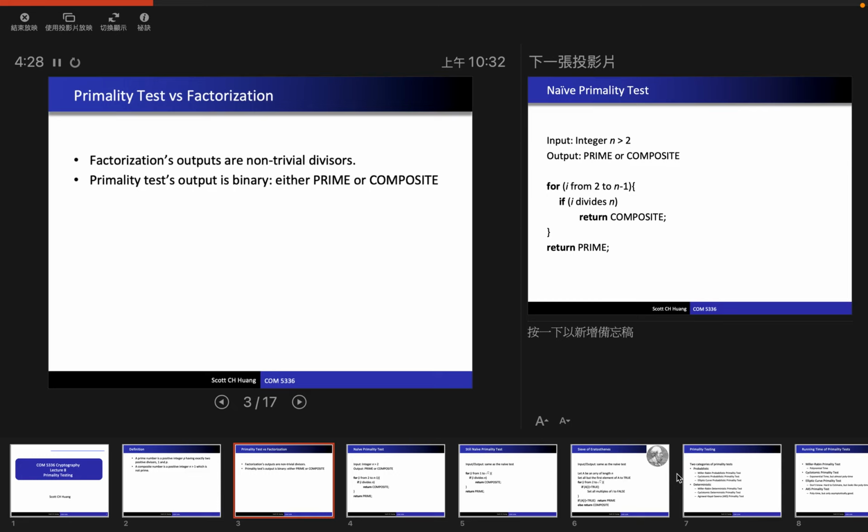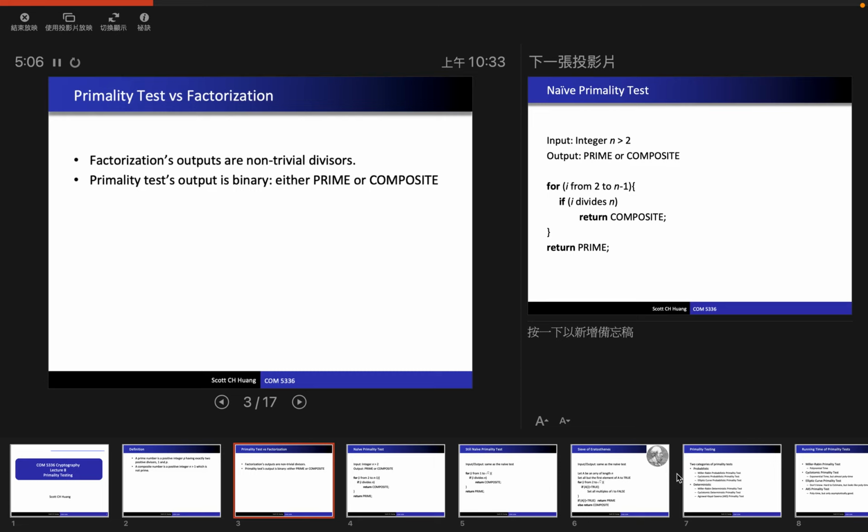Just to give you an example, take 35. We don't know whether or not it's prime. To prove it's not prime is easy, because if you're lucky, you just guess two numbers and multiply them, and they equal 35. Then you know it's composite.